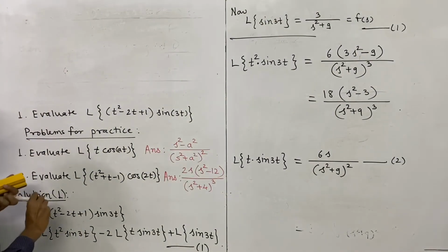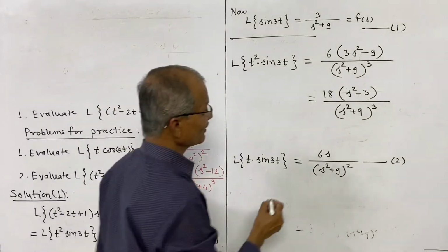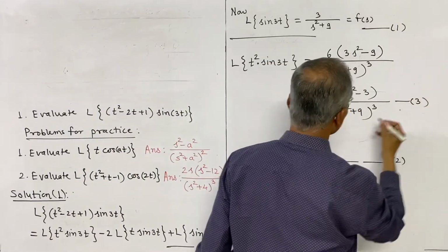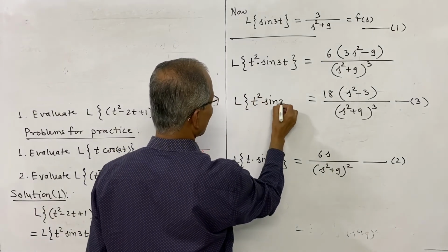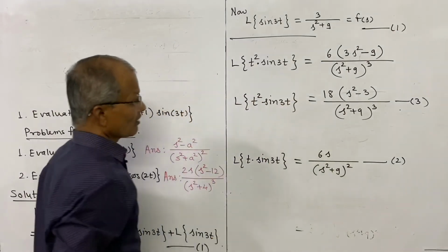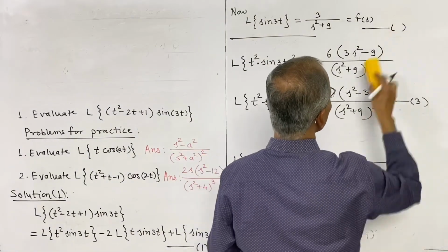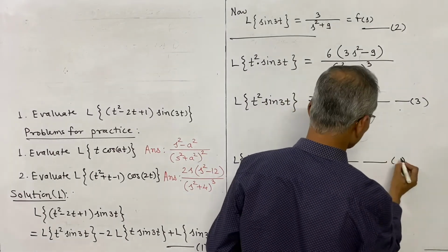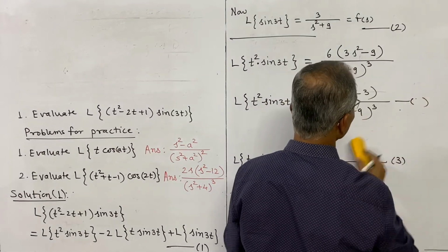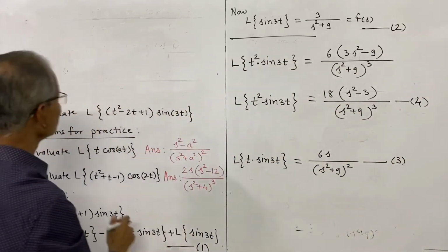Using these values, or we may refer this as 3. The left side is L of t square sine 3t. This is 1, see, this is 1, this must be 2, renaming this is 3, and this is 4. So using 2, 3, 4 in 1.